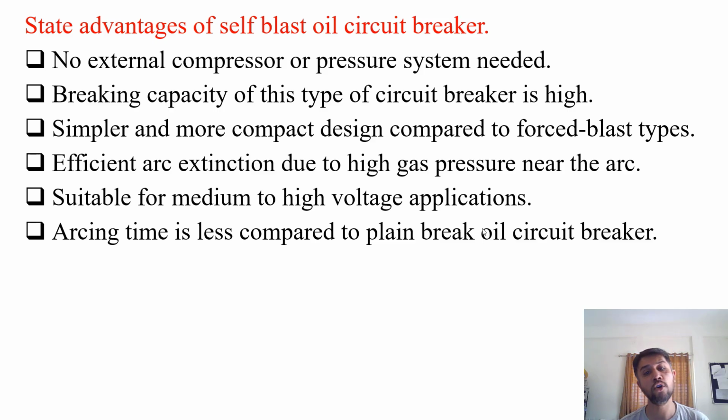Simpler and more compact design compared to the forced blast type breakers where an external pressure system is required. Efficient arc extinction due to the high gas pressure near the arc contacts or the arc chamber. Suitable for medium to high voltage applications. Arcing time is less compared to the plain break oil circuit breaker. So these are several advantages of self-blast oil circuit breaker.